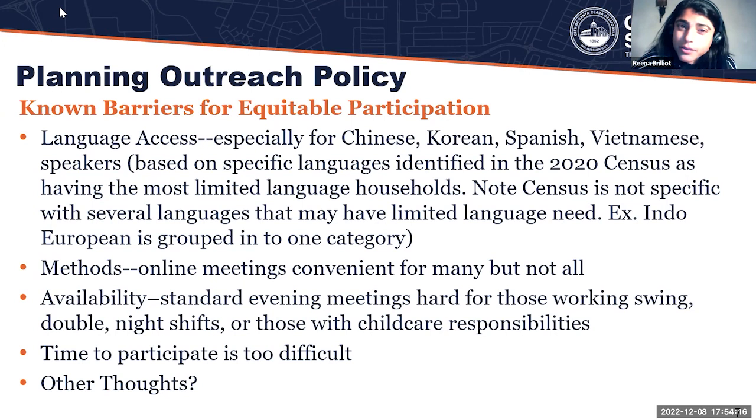And I do want you to understand that the census has some challenges with the information and how it presents it. First of all, the definition the census uses for limited language is that there is no individual over the age of 14 in a household who speaks English.